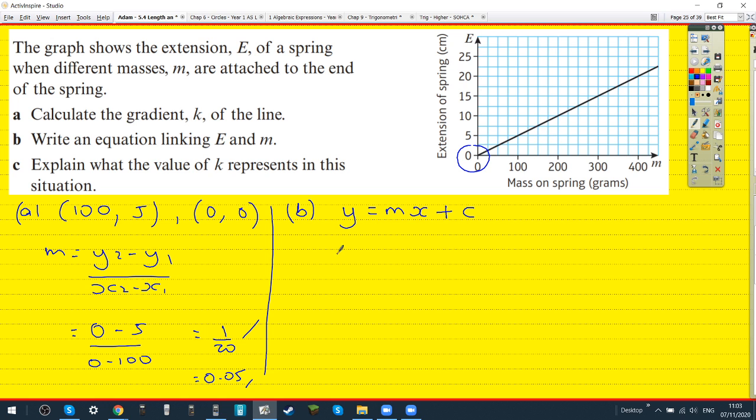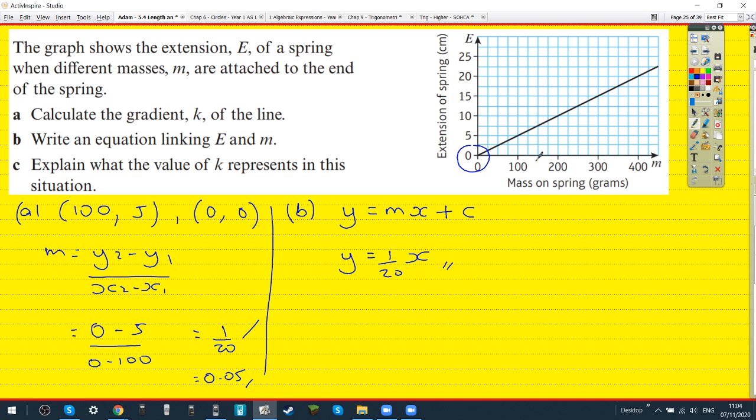Don't worry about E and M. Just y equals mx plus c. What's the equation of the line? So it'd be y equals 1 over 20x, plus 0, because the y-intercept is 0, or just y equals 1 over 20x.